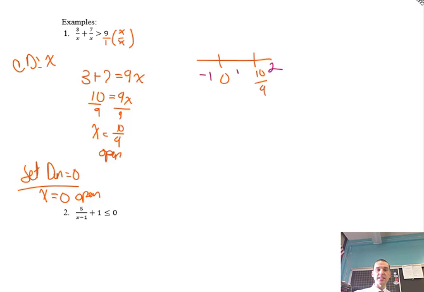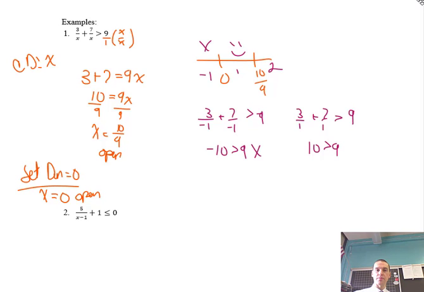So if I test negative 1, 3 over negative 1 plus 7 over negative 1 is greater than 9. That's negative 10 is greater than 9. That's false. So I'm going to test 1 over here. 3 divided by 1 plus 7 divided by 1 is greater than 9. 10 is greater than 9. That's true.